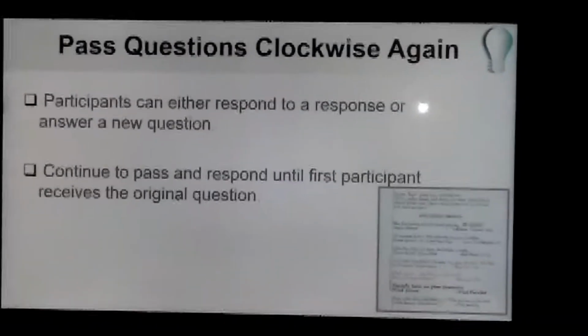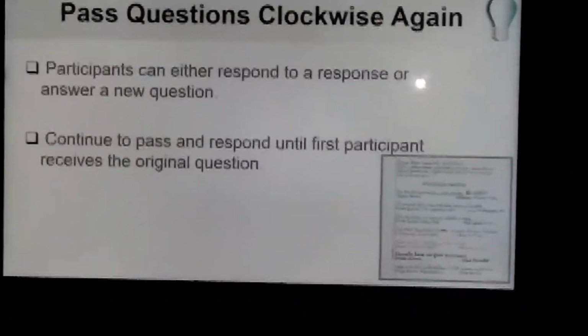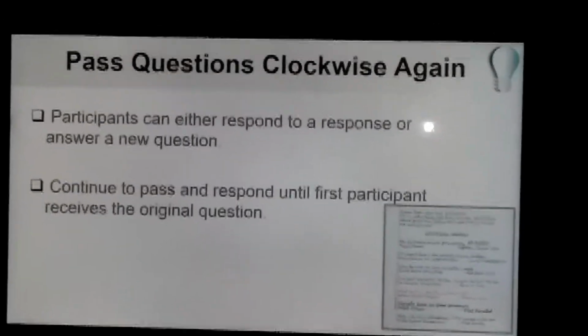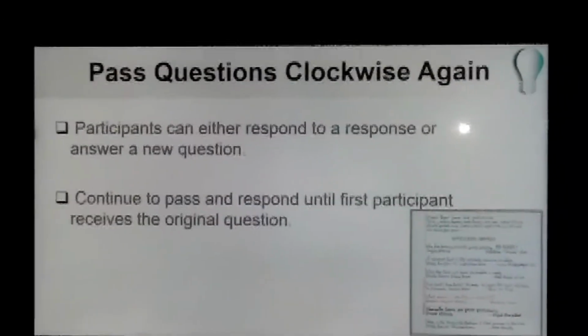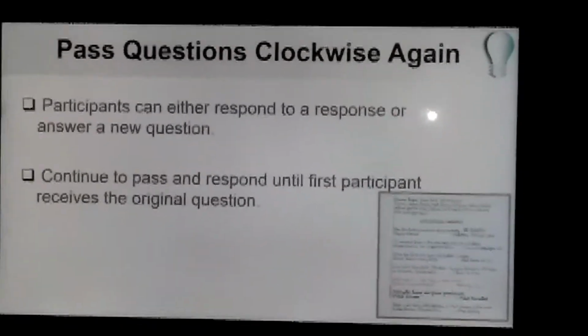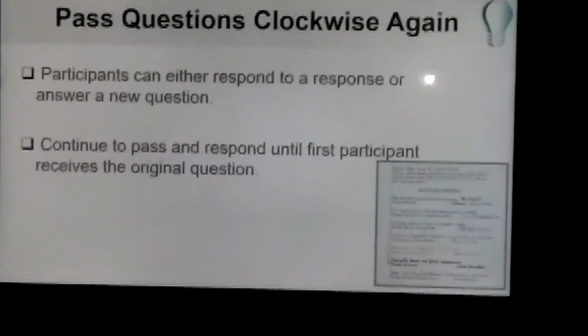Next, you would have the students pass the questions clockwise again. And the students can either respond to a response from the previous student, or that student is more than welcome to write a new question. And this pattern would continue until the sheet of paper is returned back to its original owner.